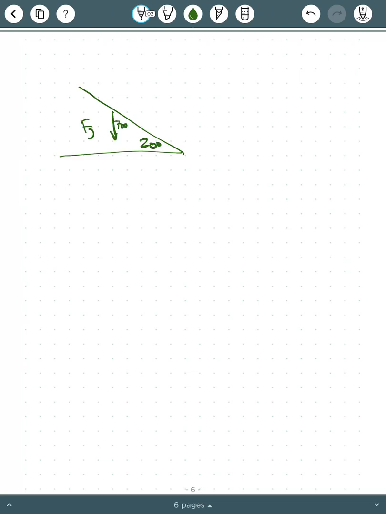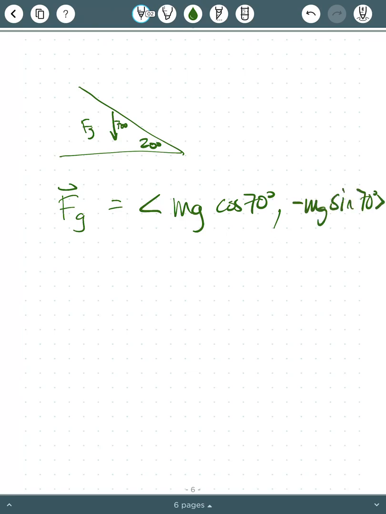So I wrote F_G is mg cosine 70 degrees, negative mg sine 70 degrees. We also could have written that as mg sine 20 degrees, negative mg cos 20 degrees. Let's draw how we can get that.